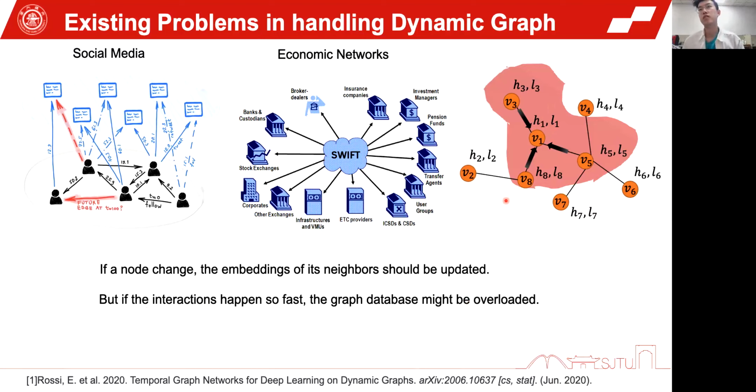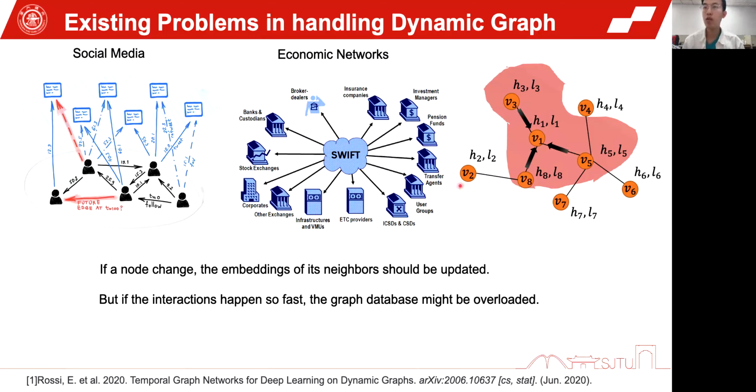Let's see this picture. If the node V3 has already changed, and at this moment I want to compute the embedding of V1, we need to query V3, V5, V8, and then we query V2, V7, and V4.